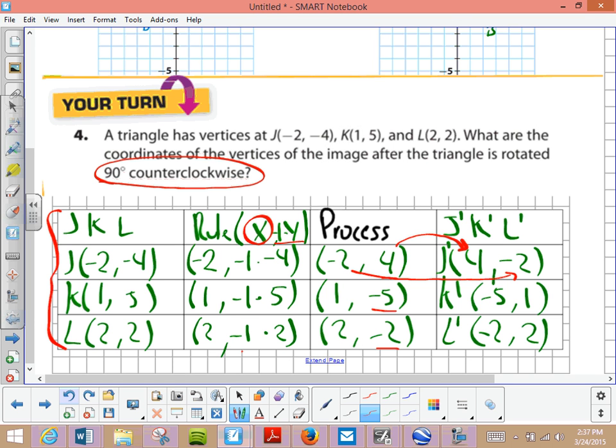Like I said, a good way of doing this without having to think about multiplying is that whatever you underline, just switch the signs. So negative 4 becomes positive 4, positive 5 becomes negative 5, and positive 2 becomes negative 2. It's a very easy way of thinking about it. Just switch the sign. Like reflection.